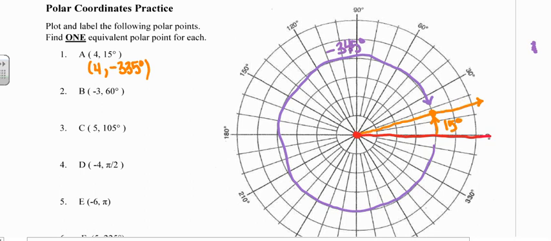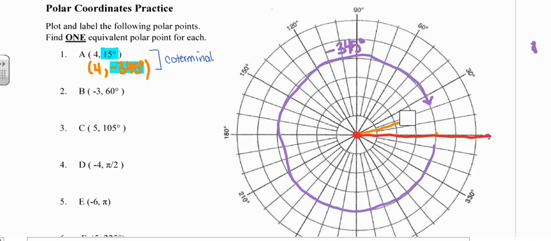So let me go back and make that minor adjustment. And the one thing I really want to focus on is that those two angles here are coterminal angles. One moves clockwise from that polar axis, the other of which moves counterclockwise.